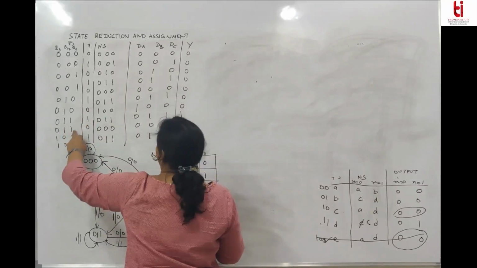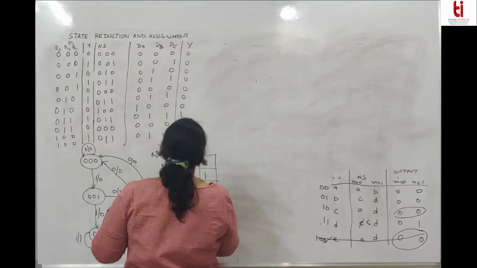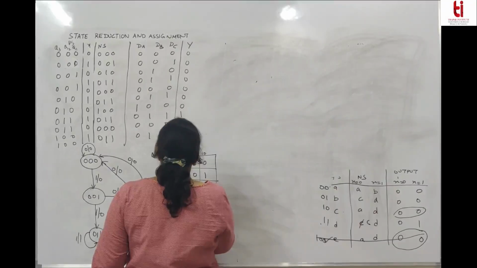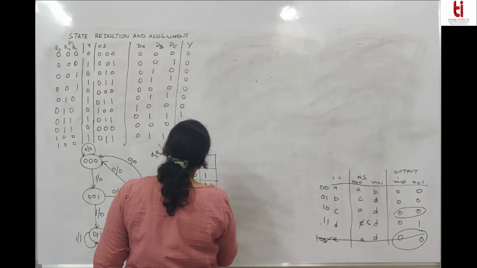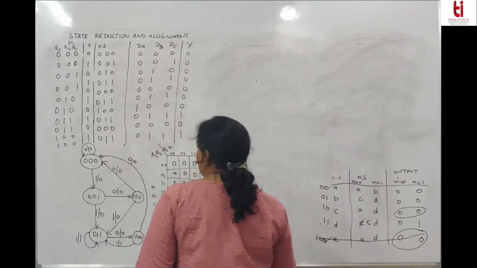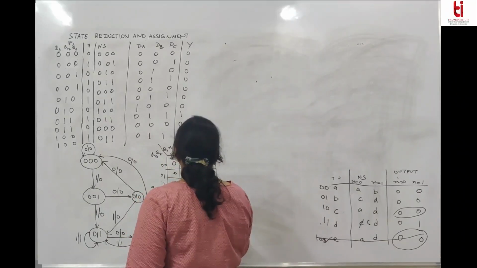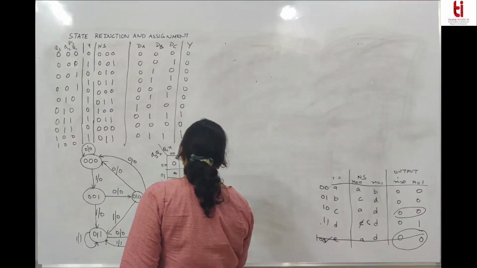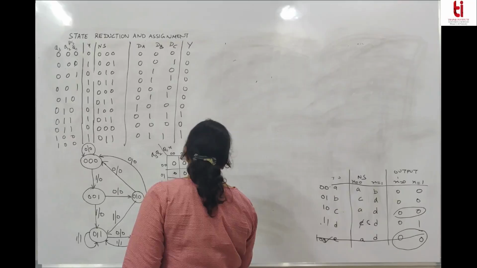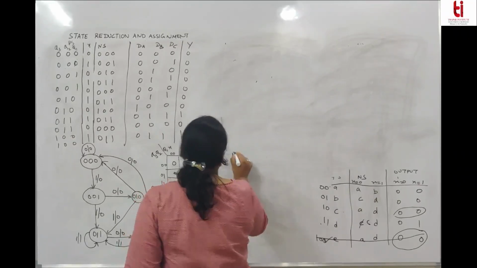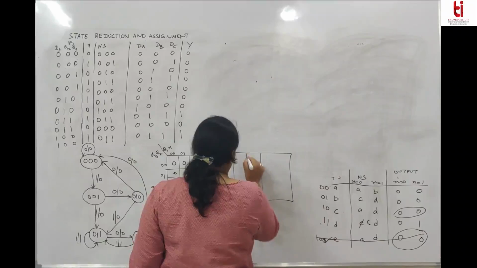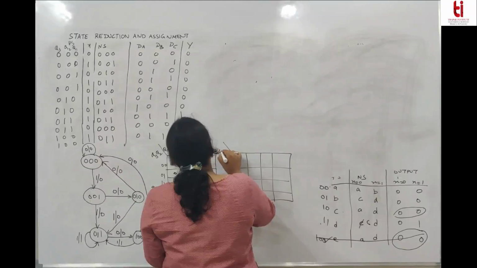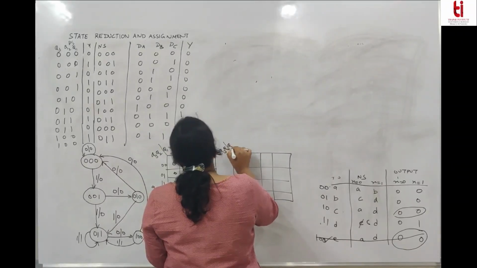For 0, 1, 1, 1, it is 0. Then 1, 0, 0, 0. You can take the other as don't care terms just to minimize the circuit, and we get this as Q2, Q1, X. Similarly, I can get, take all the invalid terms, all the states which are not taken into account, as don't cares.